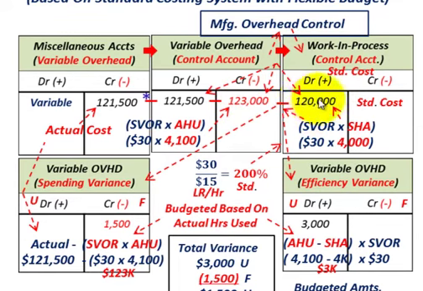Okay, so now let's look at this $120,000 in standard cost versus our actual cost of $121,500, and see how it's split up between our different variances.